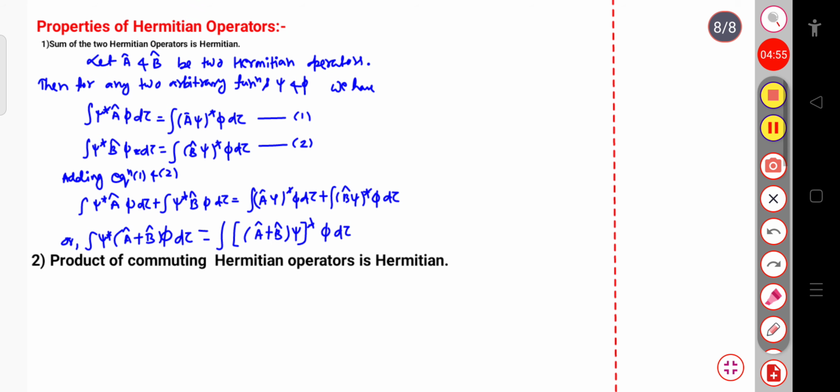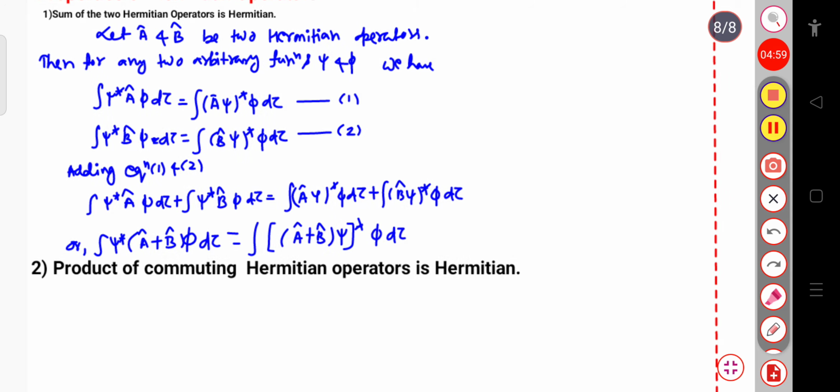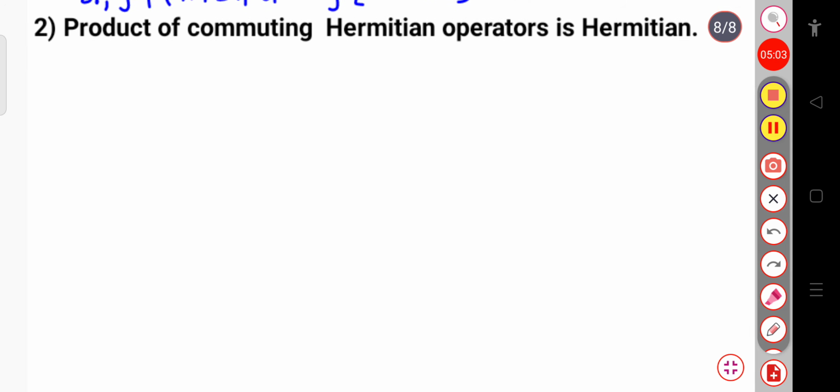Now next we will see that the product of commuting Hermitian operators is Hermitian. Let us consider here also A cap and B cap to be two commuting Hermitian operators. Commuting means AB is equal to BA.